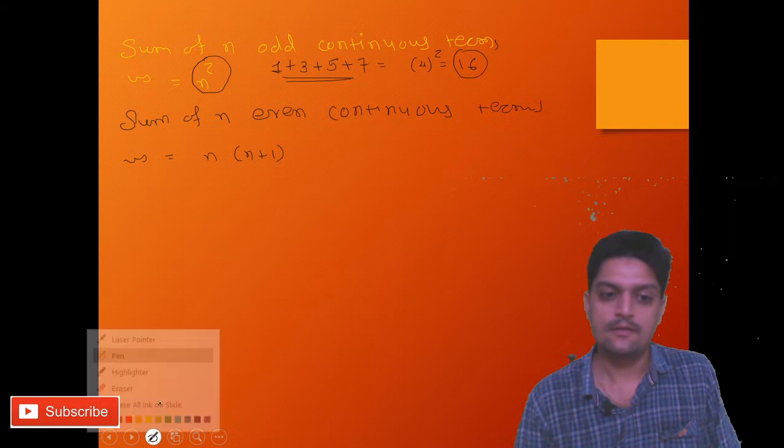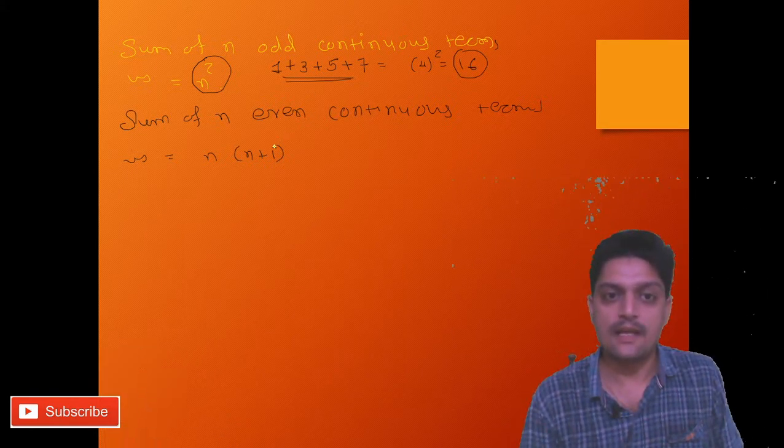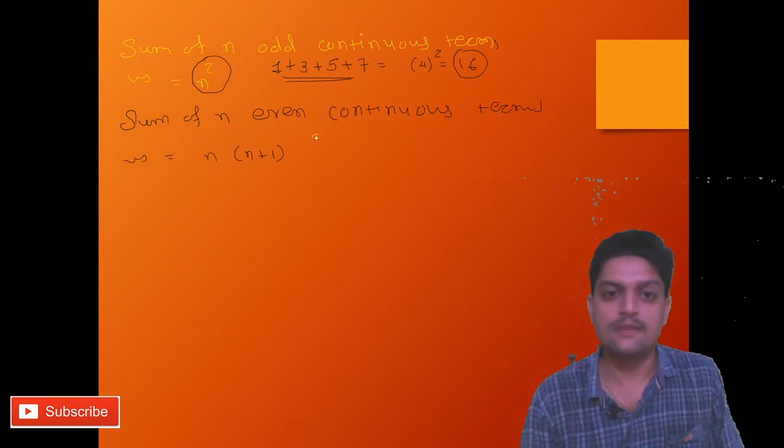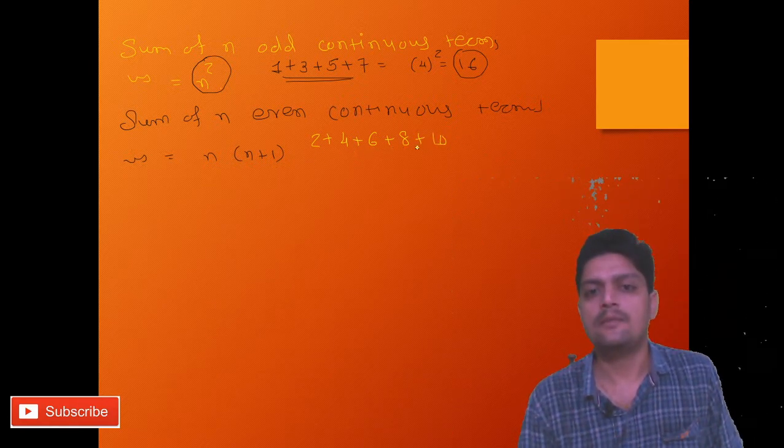And if the numbers are even, for example 2 plus 4 plus 6 plus 8, plus let me write 10. How many numbers are here? 5.